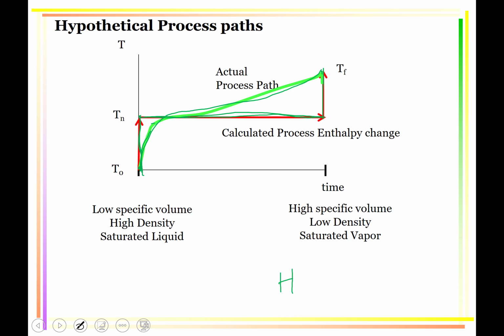We simply need to know H2 minus H1 from the initial to final states, and we need to find ways to calculate delta H with information that we have accessible to us. So this kind of skewed process path would be difficult for us to calculate, but we can probably find delta T's, information about enthalpies with delta T's and that sort of thing.